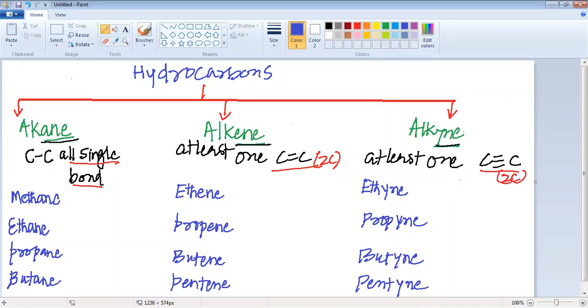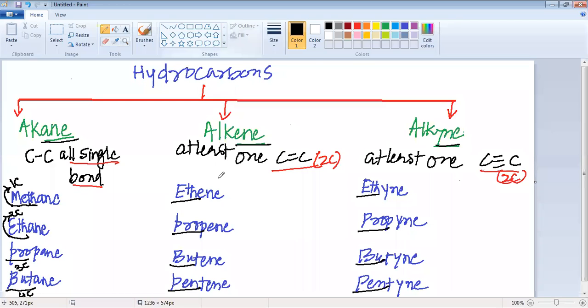Let us see what we understand by using these names. You can see written here METH. The meaning of meth is 1 carbon. The meaning of eth is 2 carbon. The meaning of prop is 3 carbon. The meaning of but is 4 carbon. Here also we have eth, prop, but, pent.